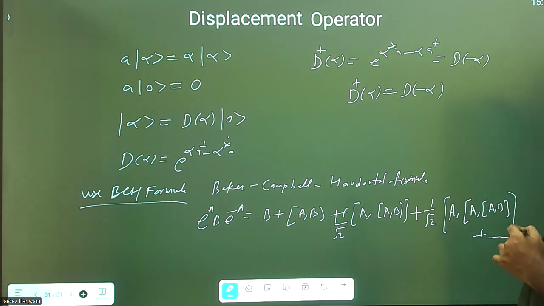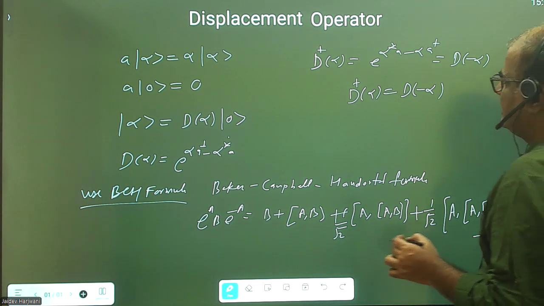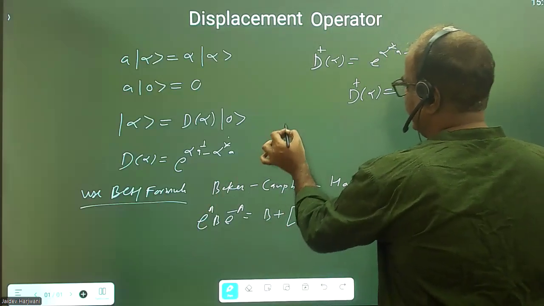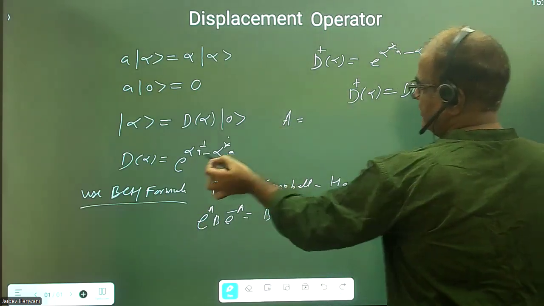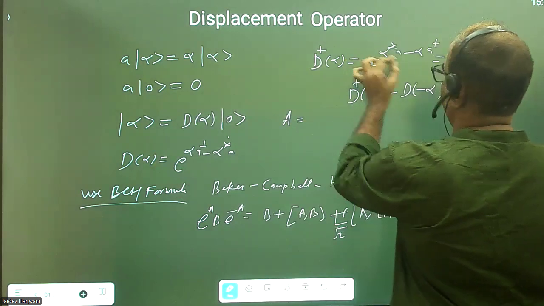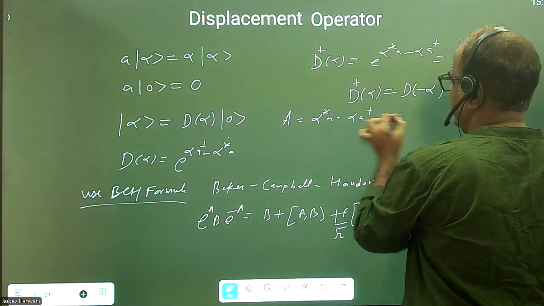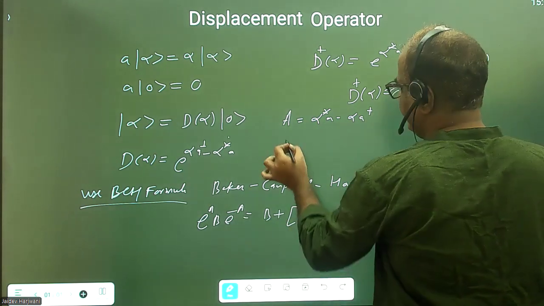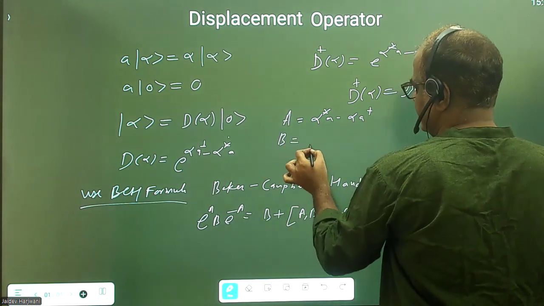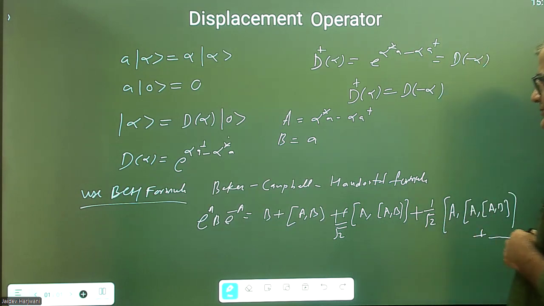We can write it like this. Here I defined my operator A as alpha a dagger minus alpha star a, and I defined my B as an operator, say the annihilation operator a.